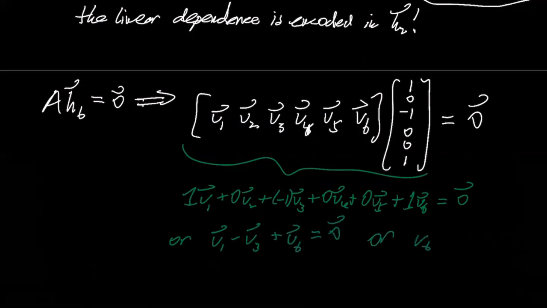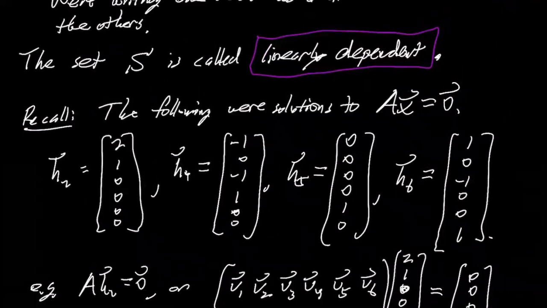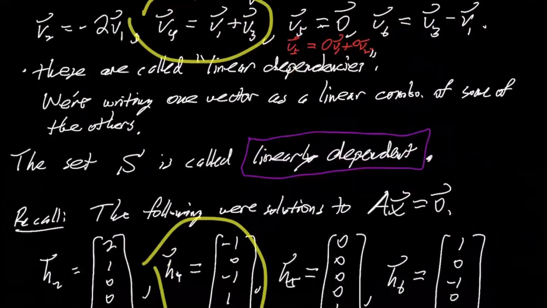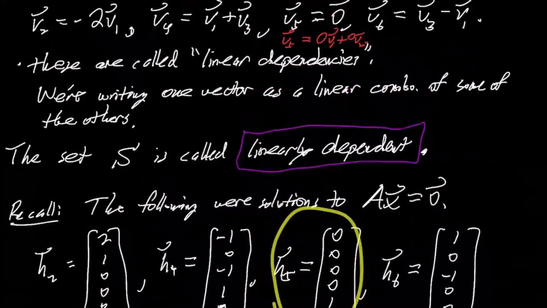Or V6, if we move everything to the other side, is V3 minus V1. So that actually gave us that linear dependence. You should pause and do the same thing for H4 and check that that gives this linear dependence.